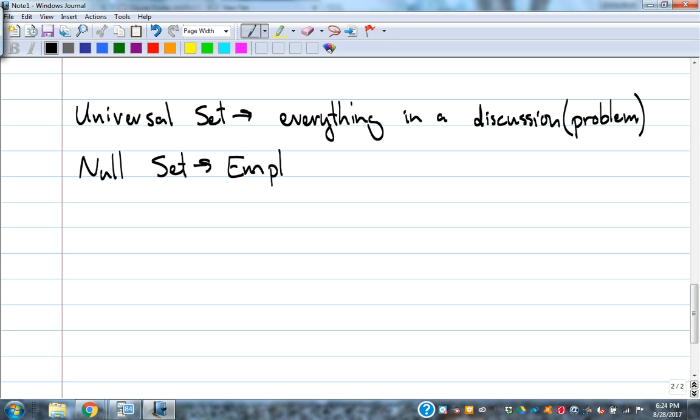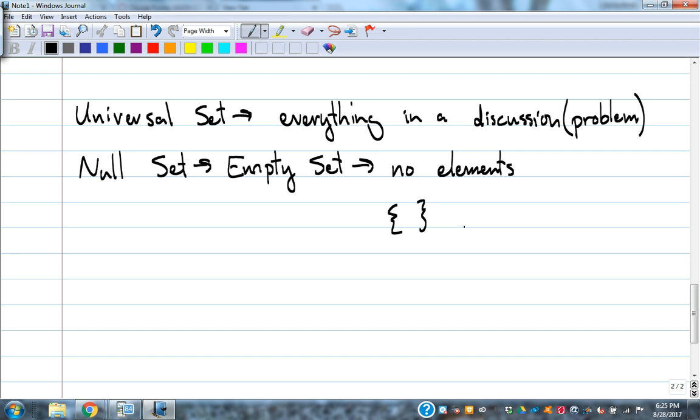Okay, so universal set, everything that's in discussion, and then the null set, that's another name for the empty set. Handwriting's kind of dying off here. The empty set. If something's empty, how many elements does it have? None. There's nothing in it. No elements. You'll see that depicted as an empty set of curly braces, just with nothing in it at all, no blanks, no anything.